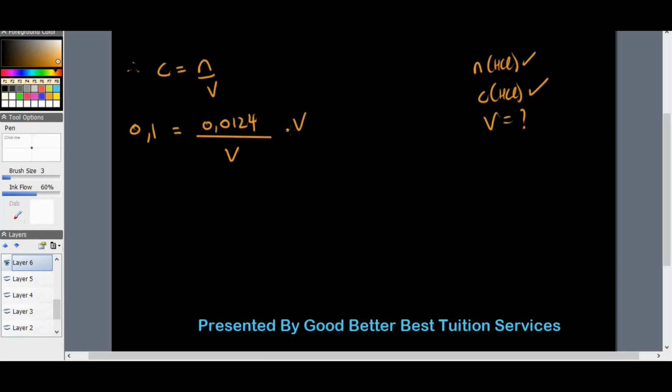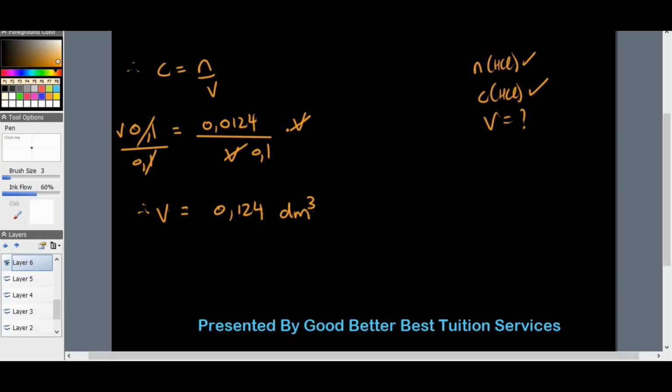I need to just rearrange my equation. Divide that now by 0.1. And I'll end up with the volume should be equal to 0.0124 divided by 0.1, which should equal 0.124 decimeters cubed.